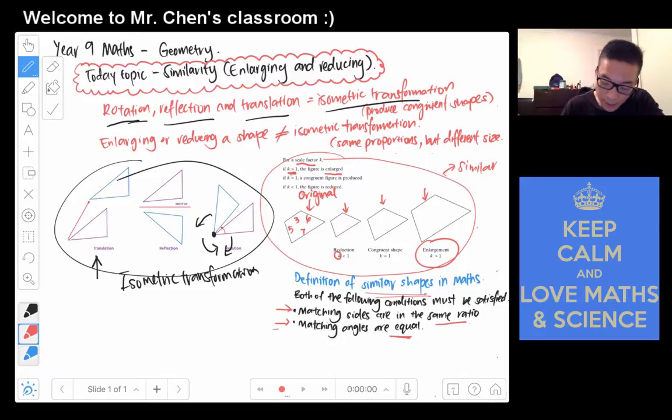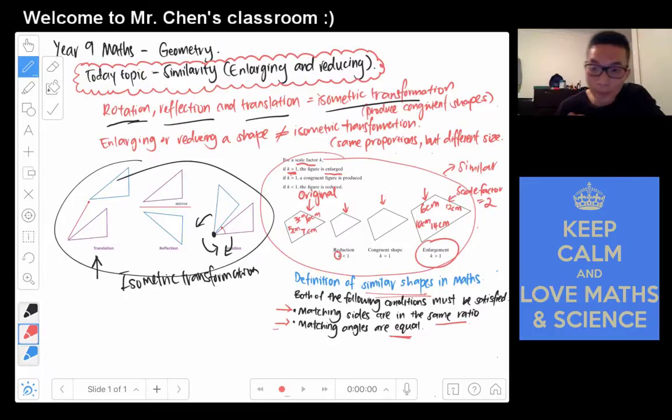Just for example, if this has a scale factor of 2, this similar parallelogram is twice as big as the original. If these are all in centimeters, this will be 6 centimeters, that will be 12 centimeters, that will be double, which is 14 centimeters, and that will be 10 centimeters.